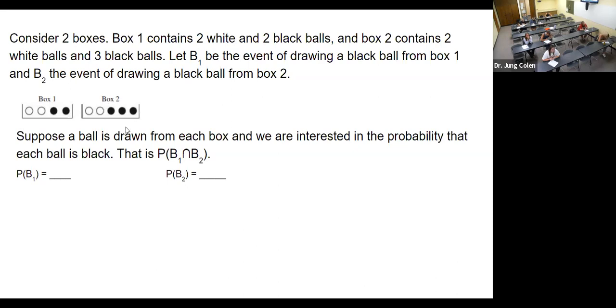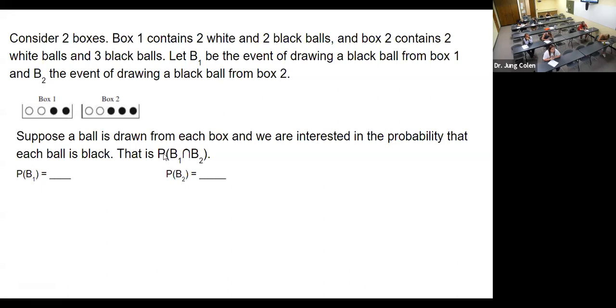You understand what B1 and B2 are? B1 is getting a black ball from box 1. B2 is getting a black ball from box 2. Now, suppose a ball is drawn from each box, and we are interested in the probability that each ball is black. That is, the probability of B1, box 1 is black, and box 2 is also black.